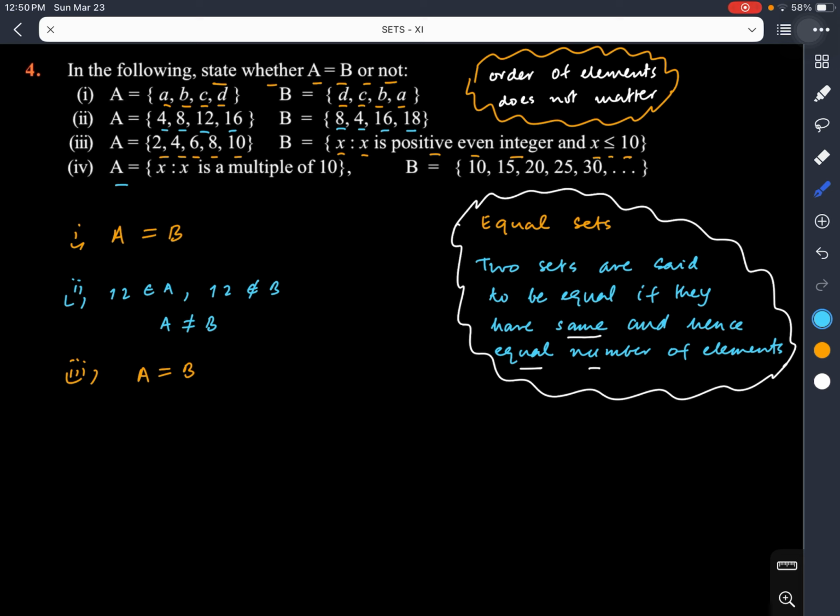Set A is x such that x is a multiple of 10, and set B has elements 10, 15, 20, 25 and 30. So these two sets are not equal, because one can observe that 15 is not an element of set A, as 15 is not a multiple of 10, but 15 is an element of set B. So therefore set A and set B are not equal.